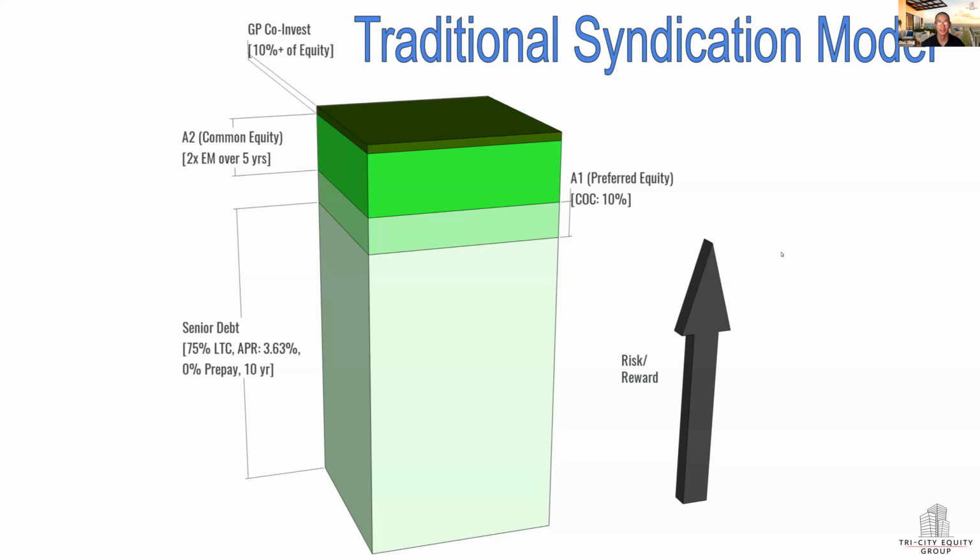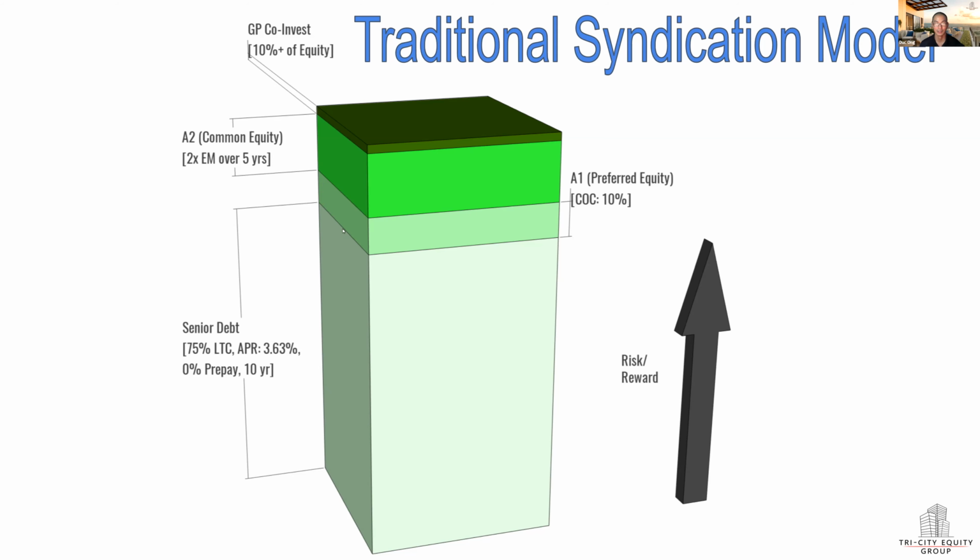All right. So the capital stack, this is traditionally how institutional investors look at deal structures. The general gist of the capital stack is as you go higher in a stack, you're increasing your risk, but you're also increasing your reward. And as you go lower in the stack, you're increasing your priority. So in this example, it's a traditional syndication model.